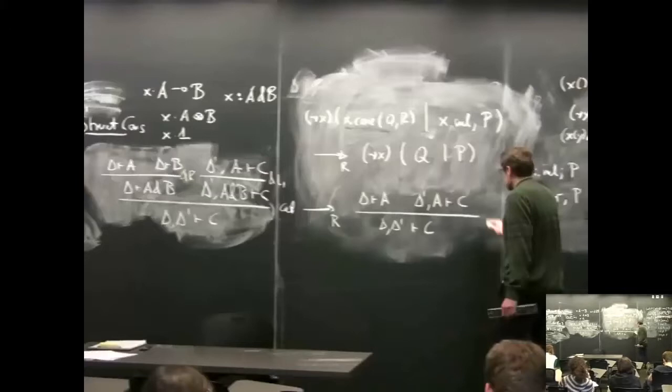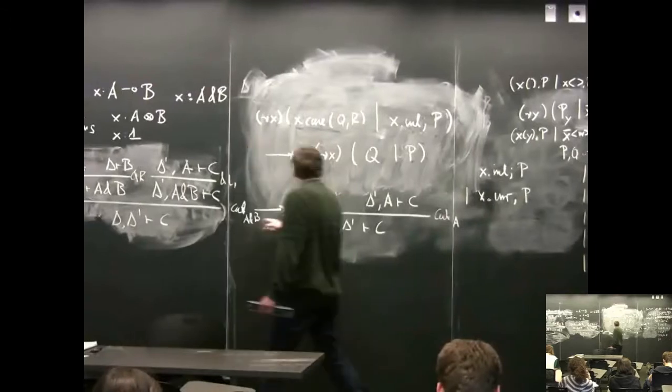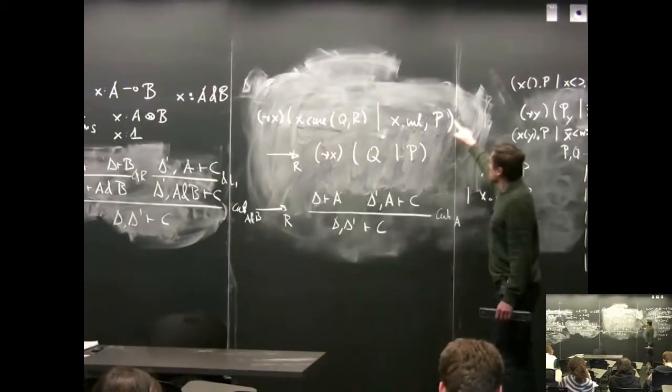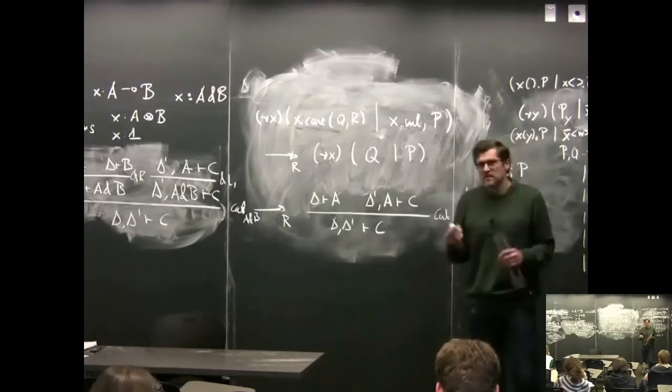So we do take a cut at A with B, and we're reducing to a cut at A. And that's the corresponding pi calculus reduction. So it works out very nicely. It matches exactly.